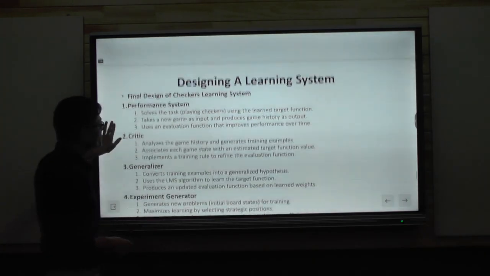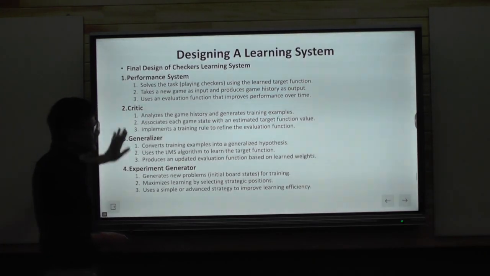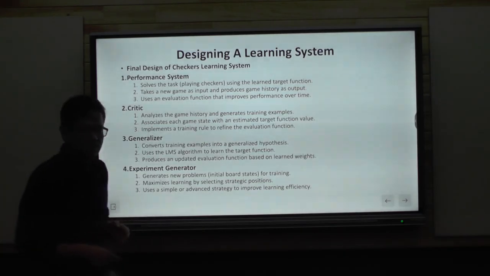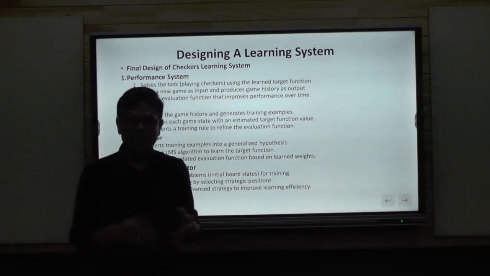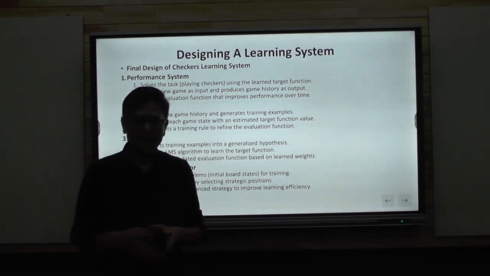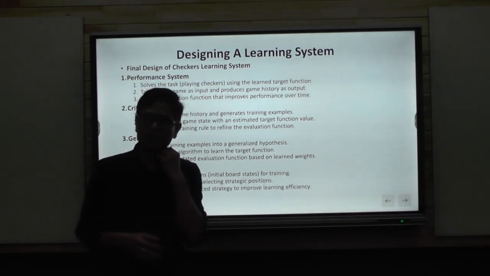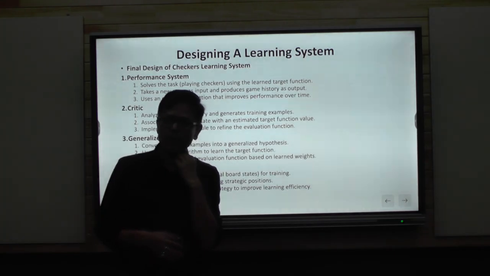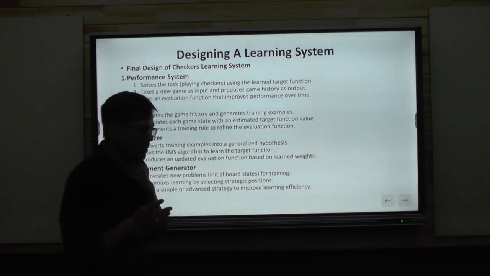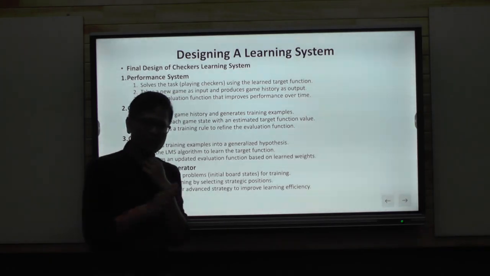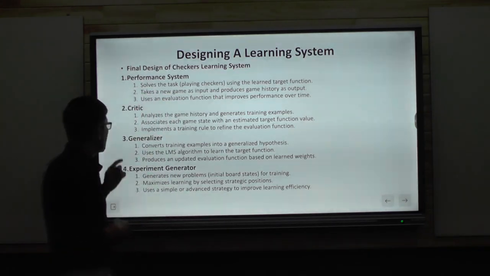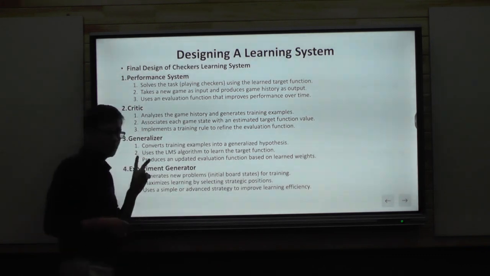Now, if you are applying ML on tasks which are not games, you can have the algorithm, train the weights, and that's all. But in game playing there should be 4 components.